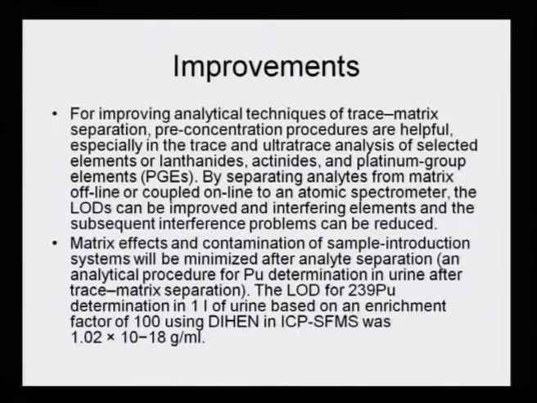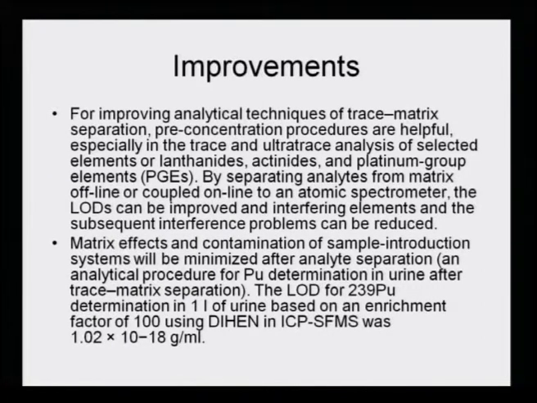The limits of detection can go down to very low levels, and the interfering elements can also be avoided and reduced, subsequently creating a system which is interference and problem free. Matrix effects and contamination of sample introduction systems will be minimized.